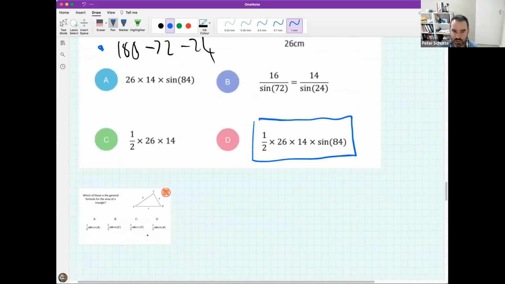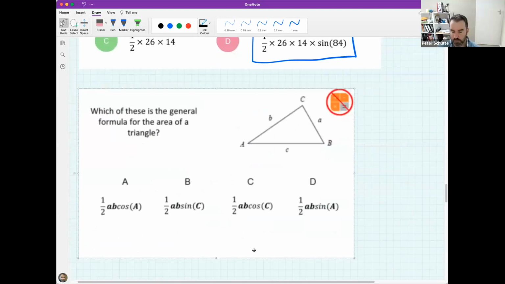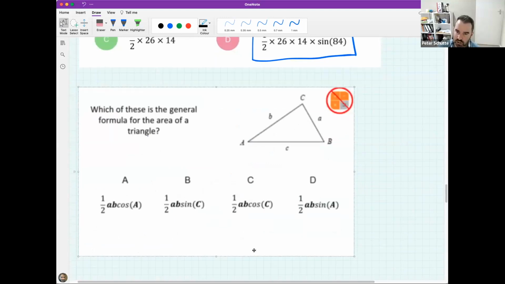I want to take it up to a level where instead of numbers, we use letters. With triangles, the lowercase letters are given as sides and the angles are given as the uppercase letters. Which of these four options will find the area of this triangle?